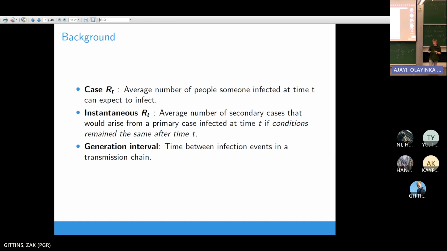You can just switch infection events with when someone displays symptoms. And in general, you know when someone displays symptoms, you don't know when they're infected, so the serial interval is more commonly used. The notation I use for the generation interval distribution is w_i. So the probability that the delay between infections is 1 day would be w_1.